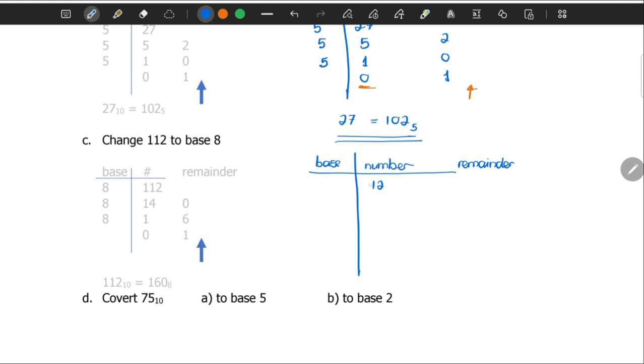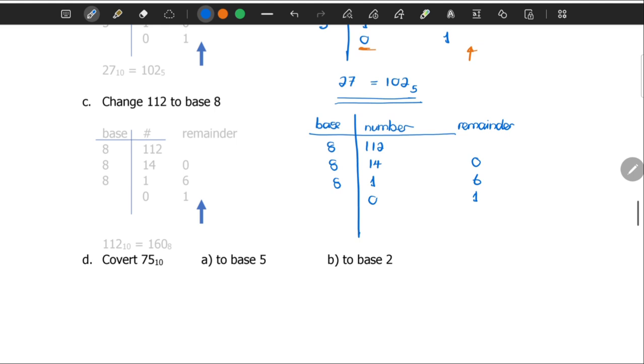The number is 112, the base is 8. 8 into 112, that's 14, the remainder is 0. 8 into 14, that is 1, the remainder is 6. 8 into 1, that's 0, and the remainder is 1. Which means that 112 to base 10 is the same as 160 to base 8.